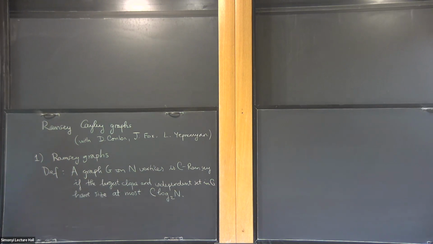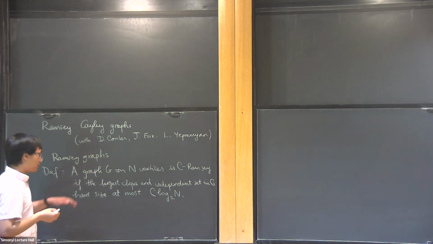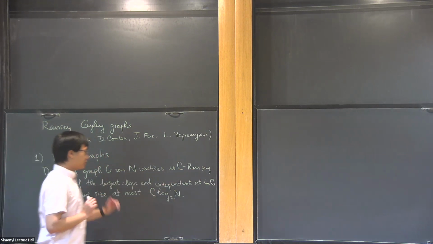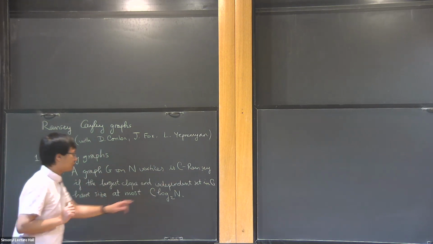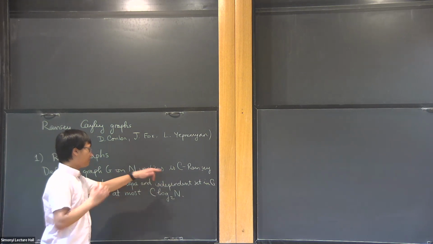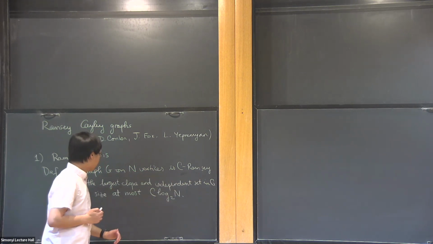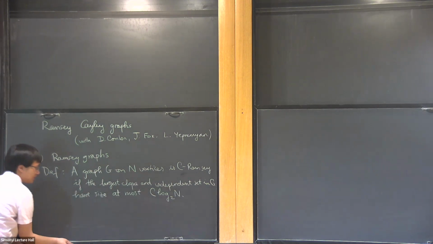Okay, so in particular, we will say that a graph is Ramsey just to mean that there is some absolute constant C for which that graph or that family of graphs is C Ramsey.